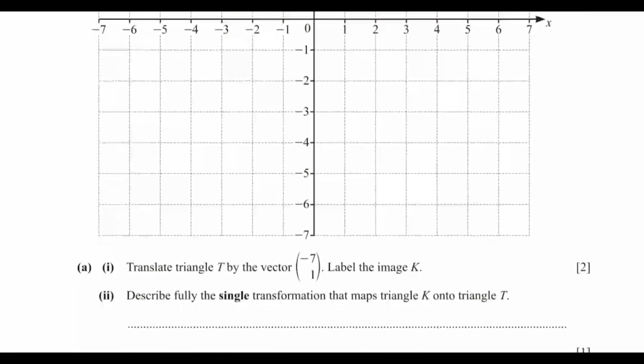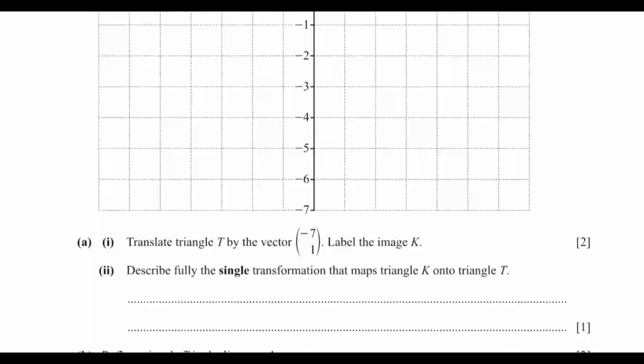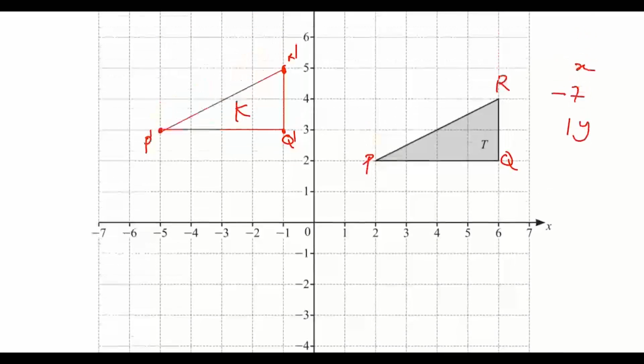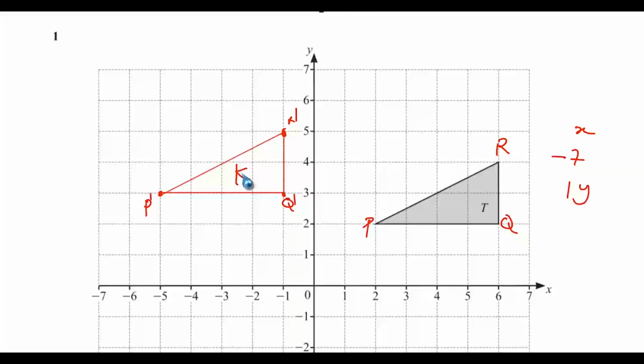Let's go to the next question. Describe fully the single transformation that maps triangle K onto triangle T. So that is K back to T. So it will also be translation, but the vector will be opposite of this now. So it will be translation, and the vector will be 7 against -1.